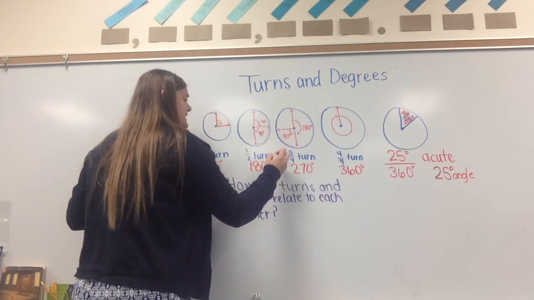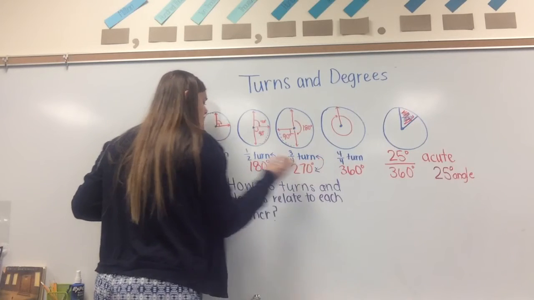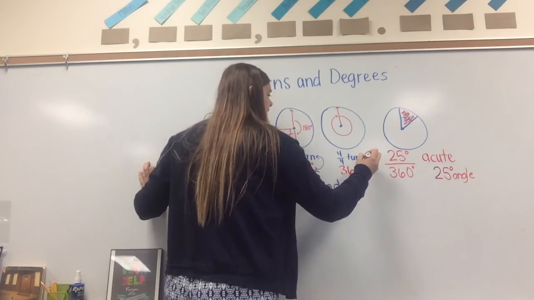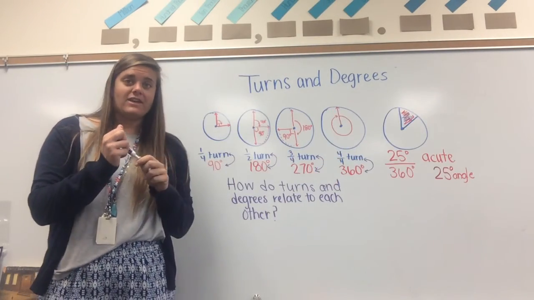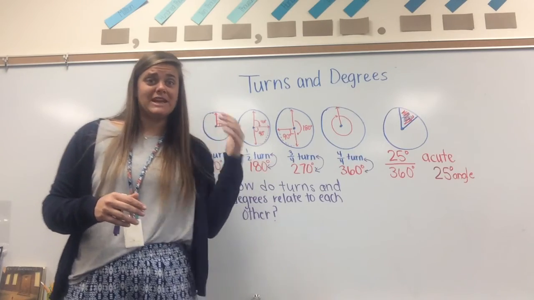How do these connect to each other, here and here? That's what I'd like for you to answer in your journal tonight. Again, you need to have all of this information down this evening. You can press pause at the end and copy it, or you can go back through and re-watch it and do it with me.